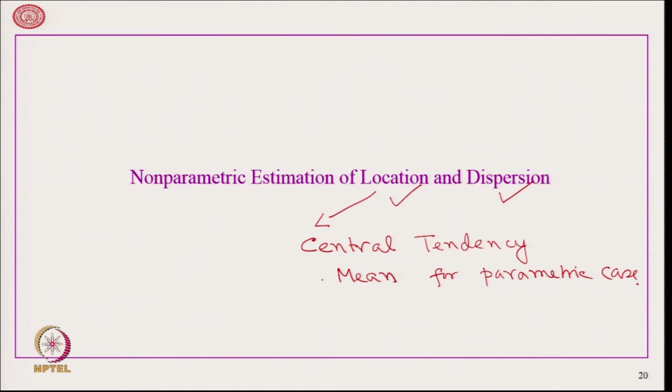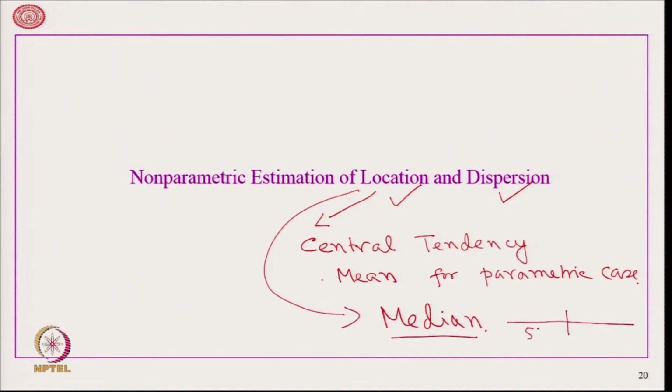But mean, as I said, has come as a distribution parameter and we are not assuming any distribution. So, when we are talking about non-parametric, for us this is going to be the median. I hope all of you know what the median is. That means it is the value such that 50% of observations will be on the left side of it, that is lesser than that, and 50% of the observations will be greater than this.